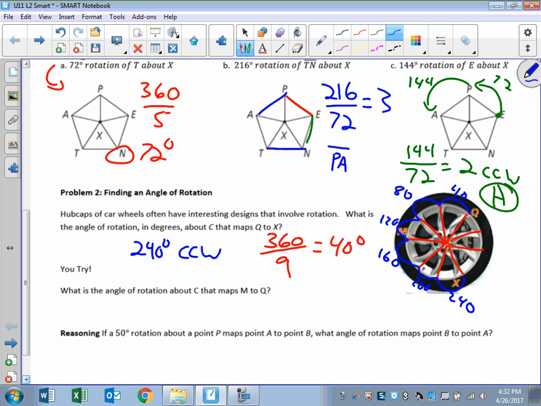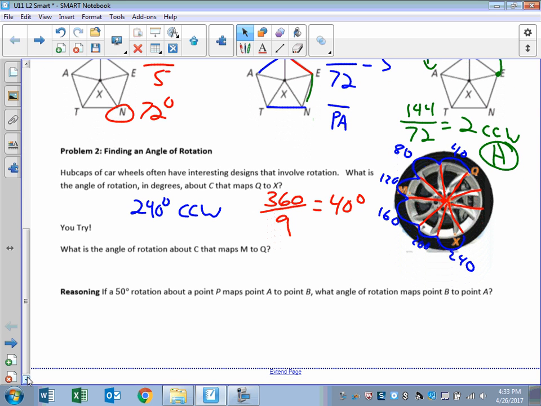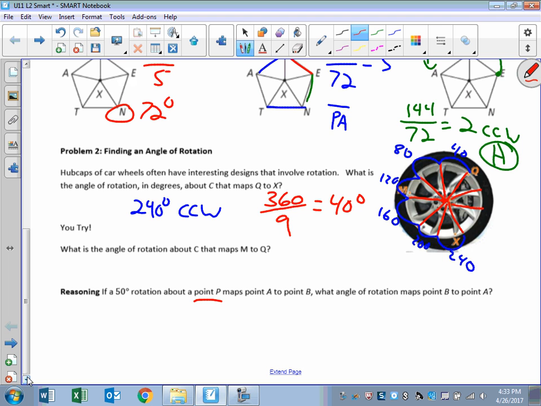Okay. Now you can try to figure out how far it would be from M to Q. I mean, it'll be pretty easy because I've already done that part. Now let's look at the reasoning because that's kind of interesting. You could draw a diagram if you want, but if I was to say that we're rotating around point P, so that's the center, and we're going from A to B, and that was a 50-degree rotation.